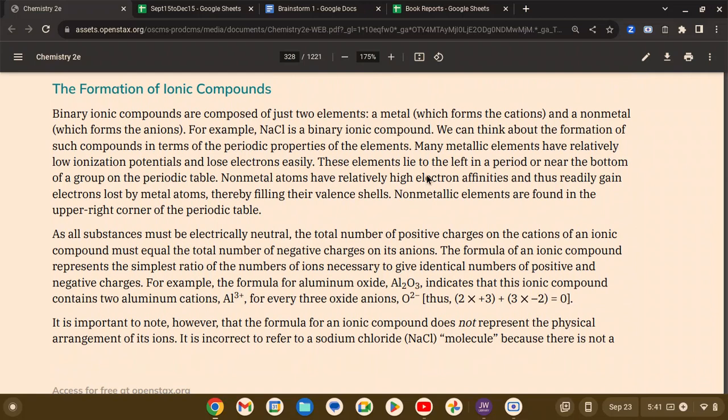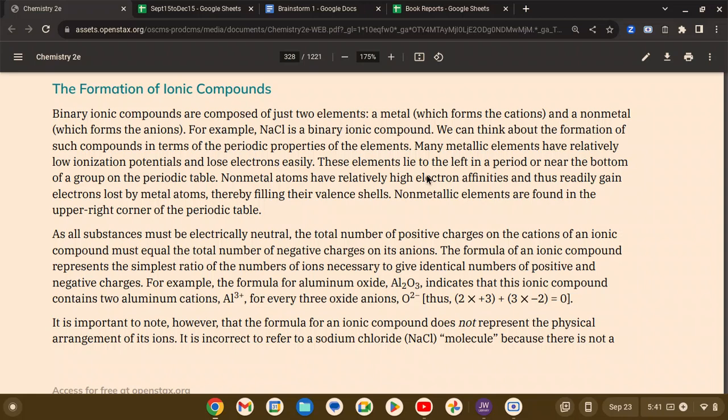These elements lie to the left in a period or near the bottom of a group on the periodic table. Nonmetal atoms have relatively high electron affinities and thus readily gain electrons lost by metal atoms, thereby filling their valence shells. Nonmetallic elements are found in the upper right corner of the periodic table.